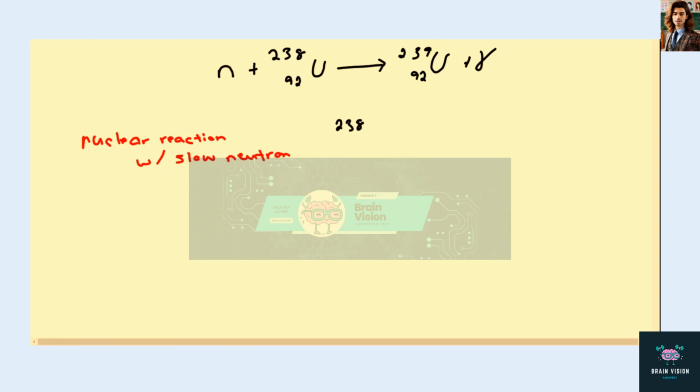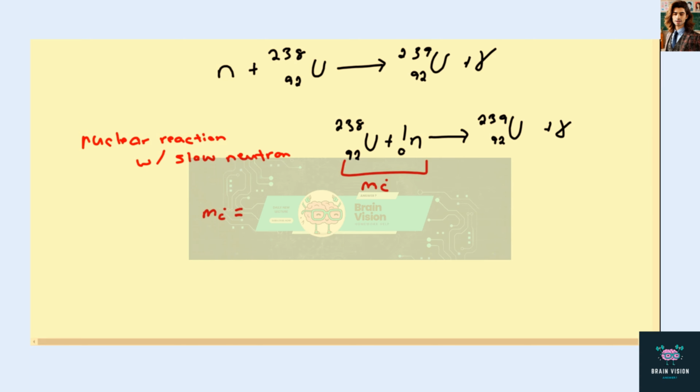238 U 92, okay, plus 1 0 N. And it's still going to be the exact same thing here. 92 plus gamma. Okay? So we need to find M initial. So I'm going to call it M initial here. The mass initial.